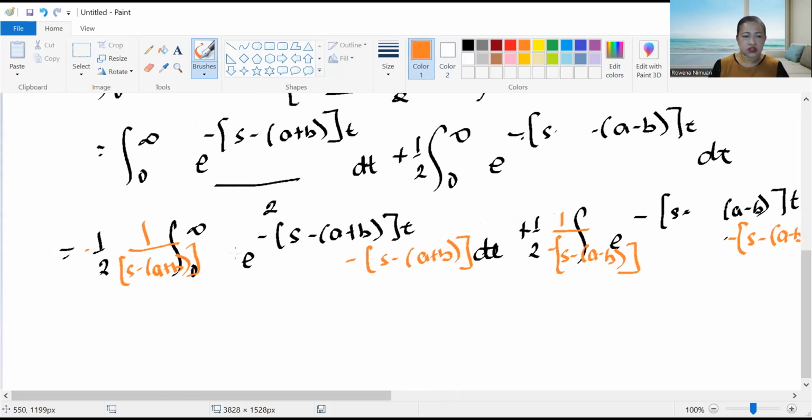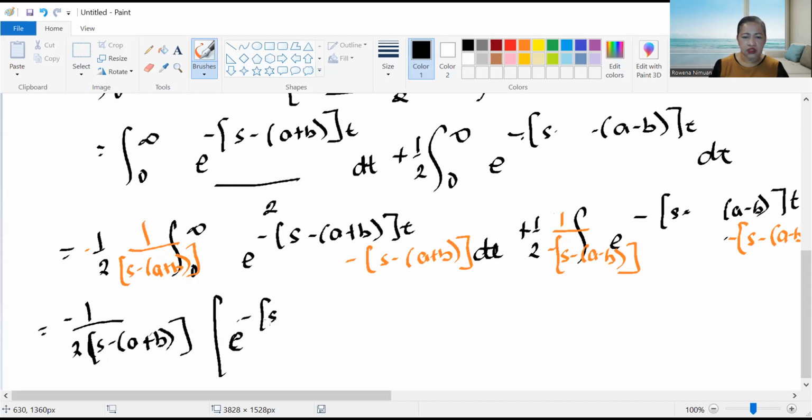So this one, 1/2 over s minus a plus b, substituting e to the negative s minus a plus b, t from 0 to infinity.